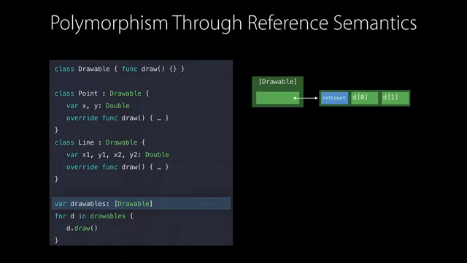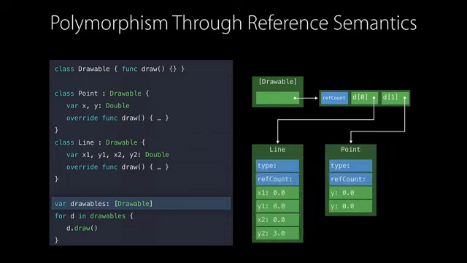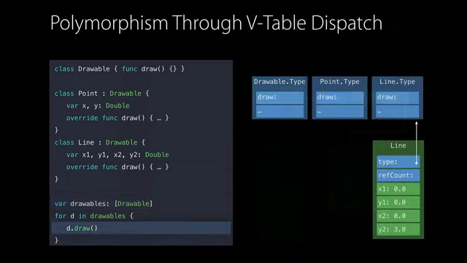So how does this work? Well, because drawable, point, and line are all classes, we can create an array of these things, and they're all the same size because we're storing them by reference in the array. And then when we go through each of them, we're going to call draw on them.